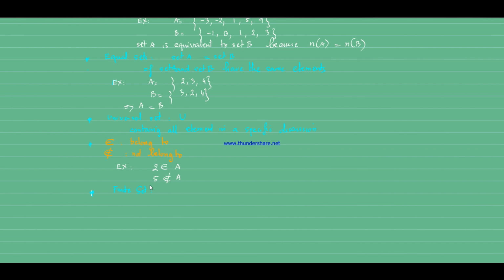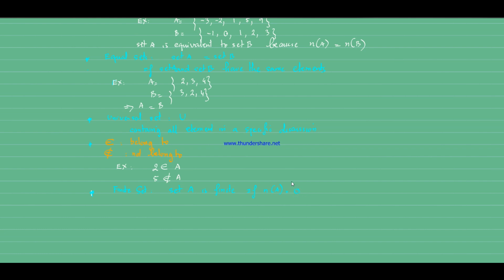So far, all the examples I gave you are finite sets. But mathematically, the definition of a finite set is like this. A set A is finite if the cardinality of A is 0.